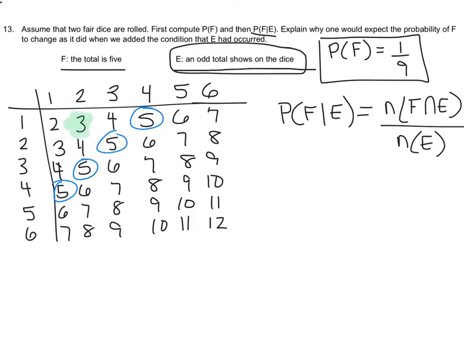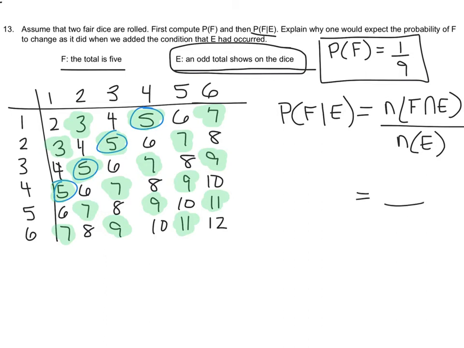We have the 3, the 5, the 7, the 3, the 5, the 7, then the 5, the 7, and the 9, again the 5, the 7, and the 9, and then the 7, the 9, 11, and the 7, 9, and 11. If I count the number of sums that I just highlighted, we have 18 possible odd totals. So the denominator of my conditional probability is 18.